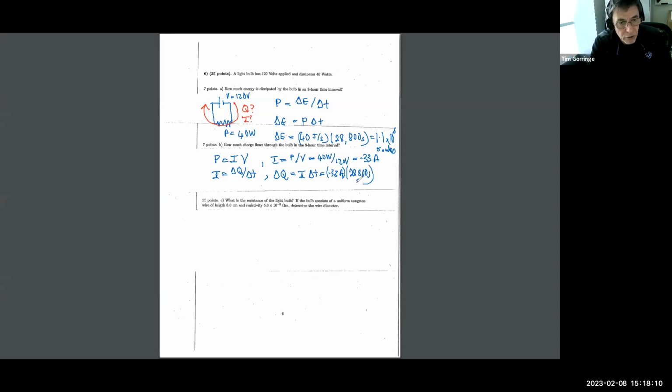Multiplying those together I get 9,500 coulombs. That's the charge that flowed.